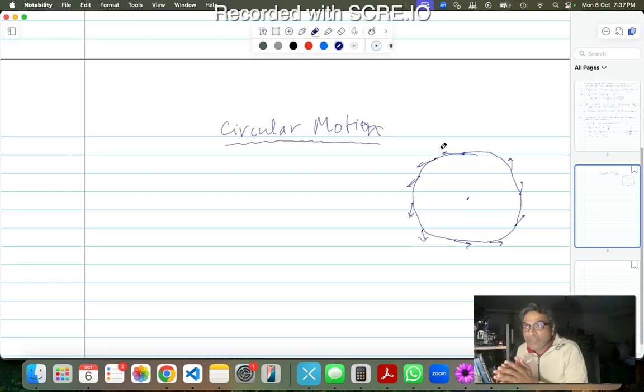Velocity is not just the speed but also the direction, so the velocity is changing, and that leads to acceleration, called centripetal acceleration, which requires a centripetal force. Got it?